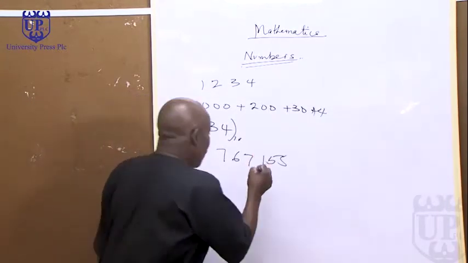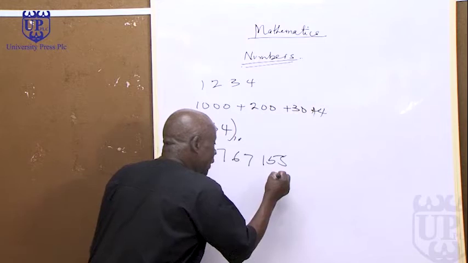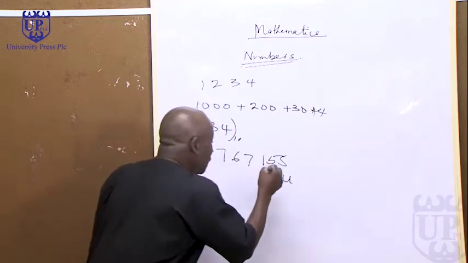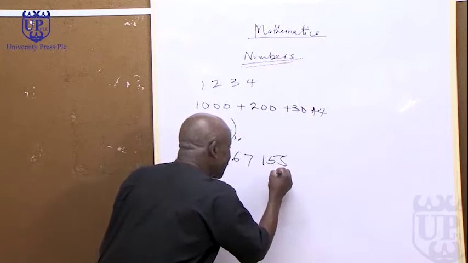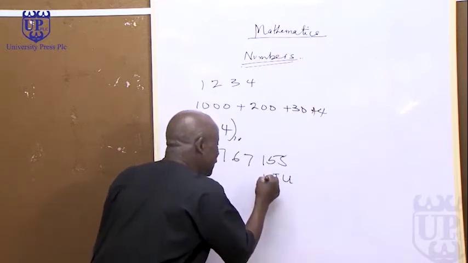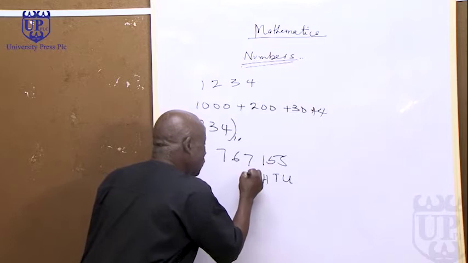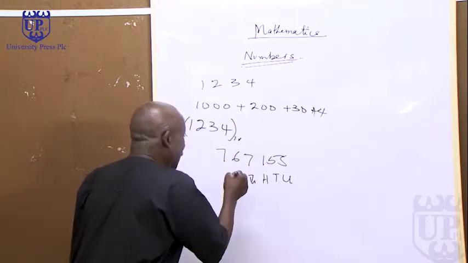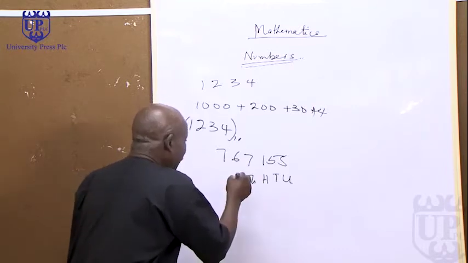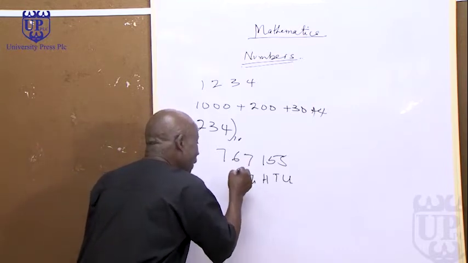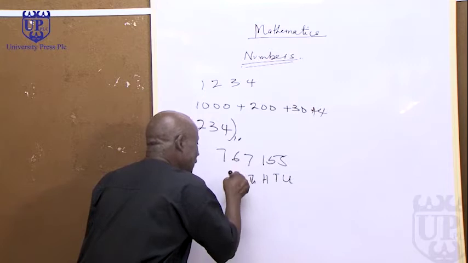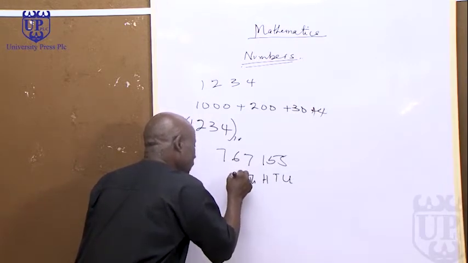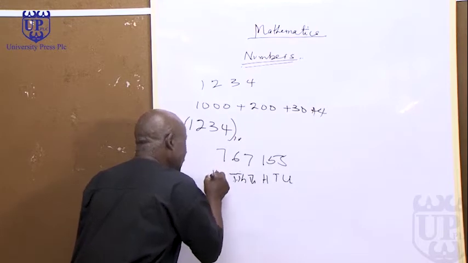Now, we have the units, the tens, the hundreds, the thousands, and the tens of thousands, then the hundreds of thousands.